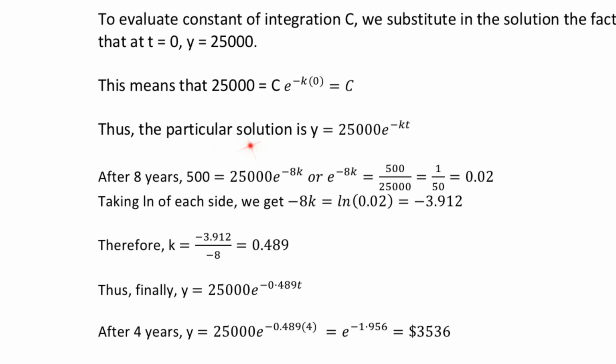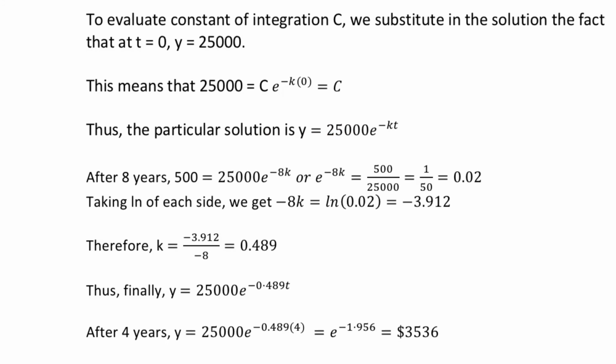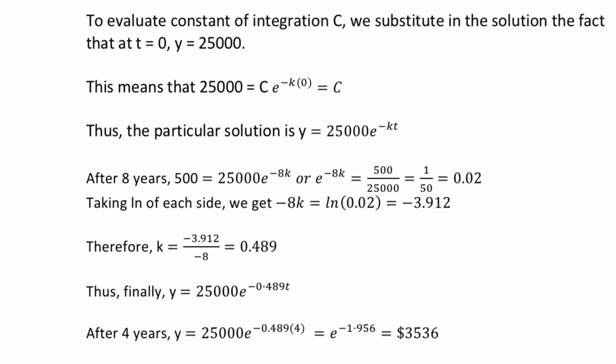This particular solution is therefore y equal to 25,000 into e raised to the power minus kt. This is now a particular solution because the general constant of integration has been evaluated by using the given condition $25,000 at time t is equal to 0.